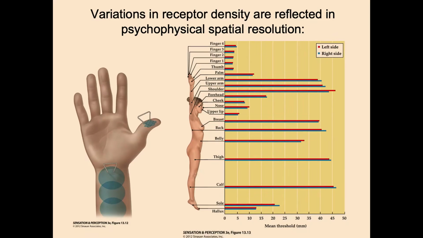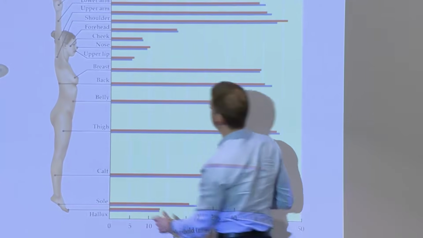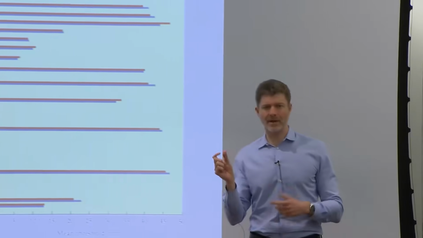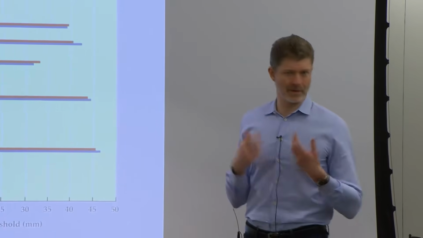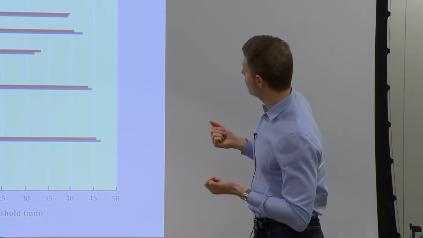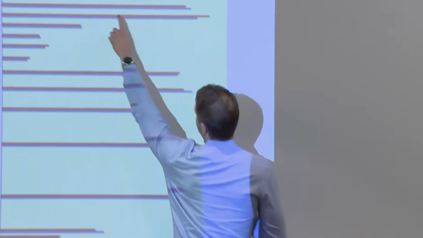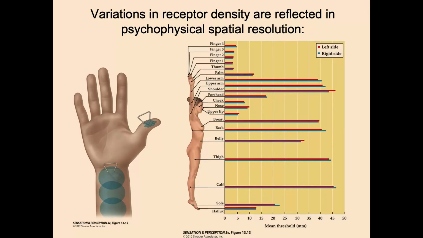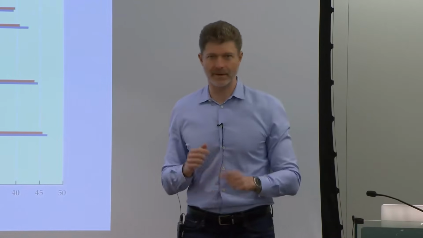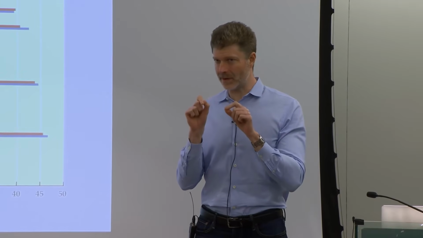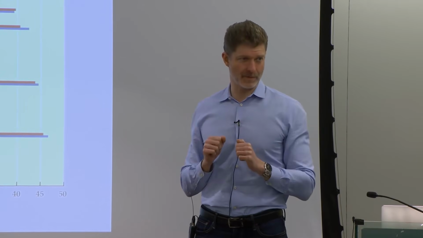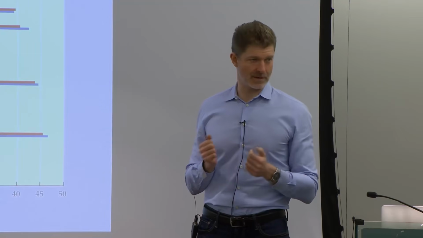You can see that for the fingers and the thumbs, the threshold is pretty good, around 3 to 5 millimeters. By contrast, for the lower arm and upper arm, it's like 40 millimeters, so 4 centimeters apart. If things are 3 centimeters apart, in general, you won't be able to tell whether you got 1 or 2 pokes. Seems kind of crazy, right?